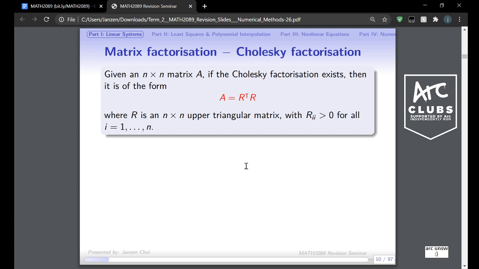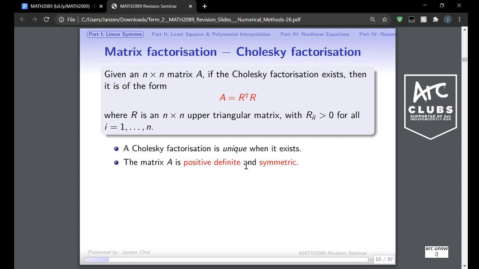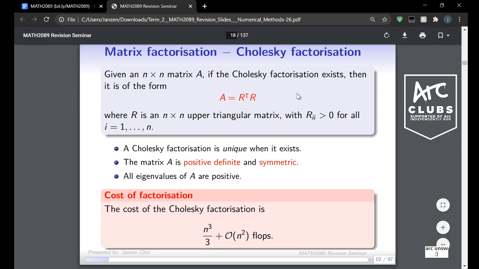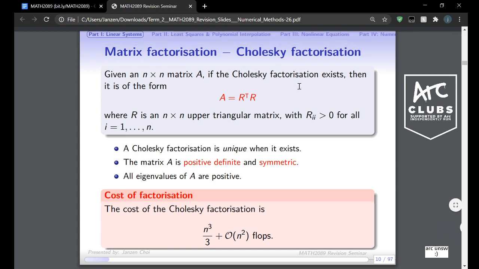Alright, Cholesky factorization. Yep, so the Cholesky factorization involves factorizing the matrix into R transpose R, where R transpose becomes a lower triangular reflection of the matrix R. The Cholesky factorization of a matrix exists if and only if the matrix A is positive definite, meaning that it only has positive eigenvalues.